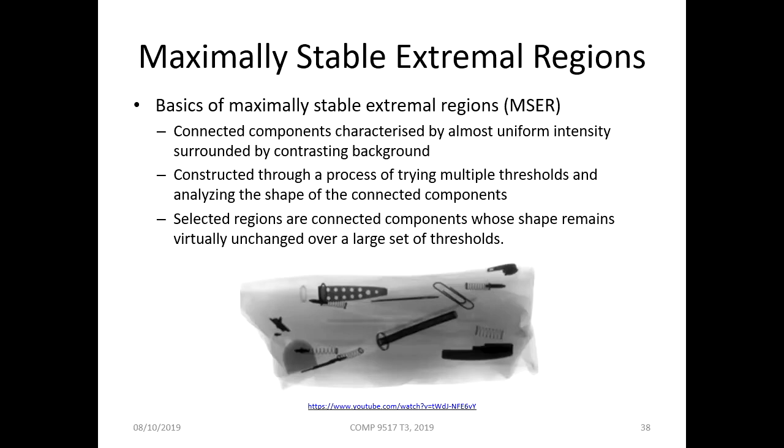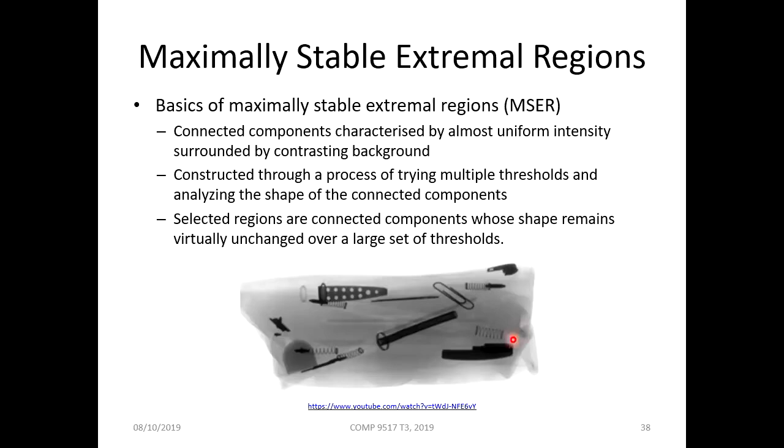Meaning, if you change the threshold, will an object change shape drastically or stay pretty much the same over a whole range of thresholds? That's the idea of this algorithm. You consider regions to be objects only if they are stable over a whole range of thresholds.